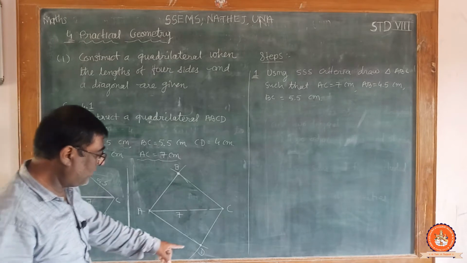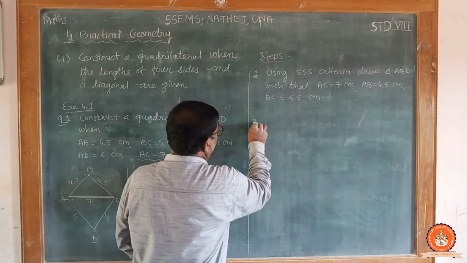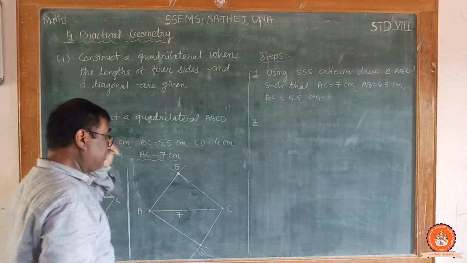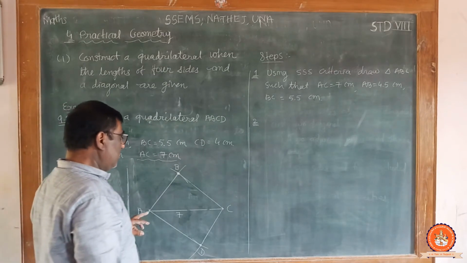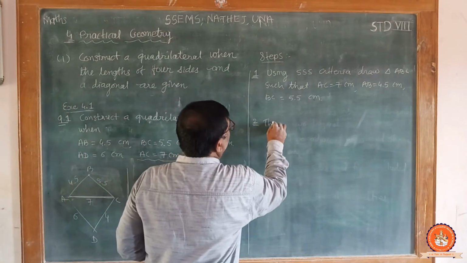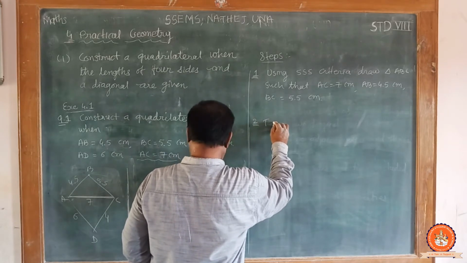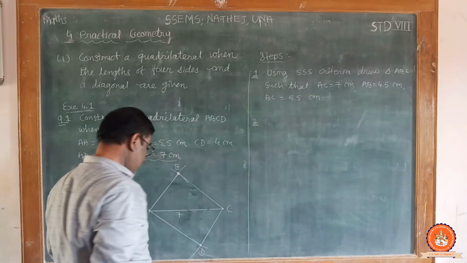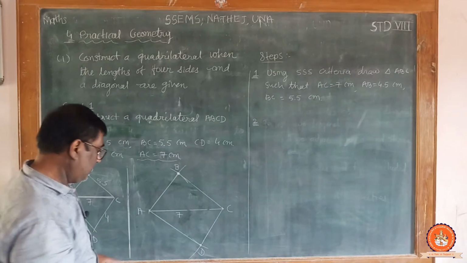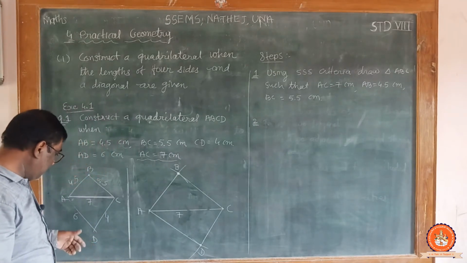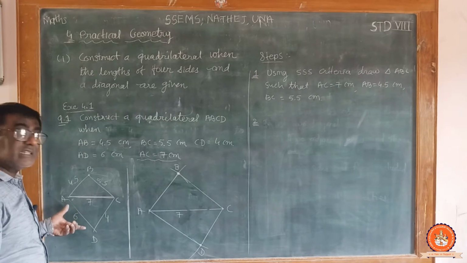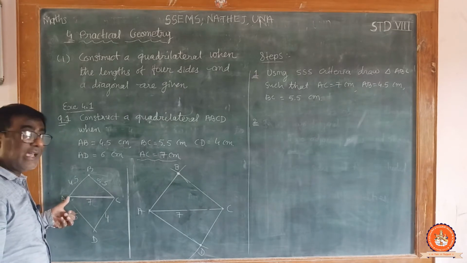Now, how to find the point D. My friends, to the opposite side of B, we'll start. First of all, we will draw an arc using 6 centimeters radius and taking A as a center.